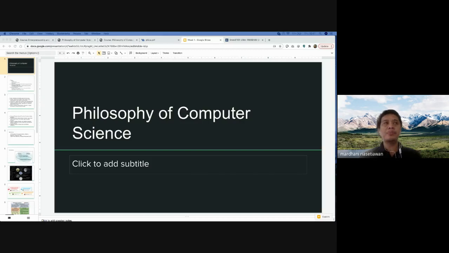Yeah. So the second main reason is that we, as computer science people, need to have a 360-degree point of view when we see all things in computer science. It's not only about selfishness, but we need to have openness, an open mind.